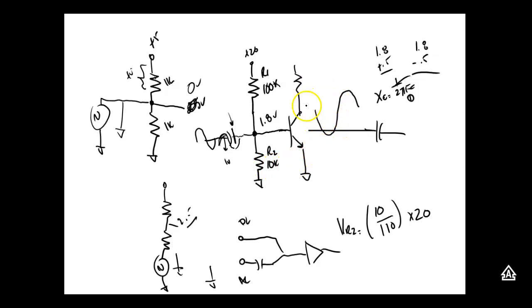And then what I'll get out over here, if this is 20 volts, depending on the size of the transistor and the gain, is a signal on the output that looks like this, according to the gain. We'll figure out how to do the gain before long.